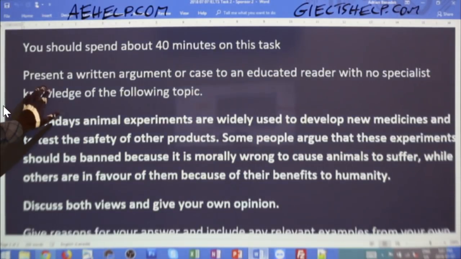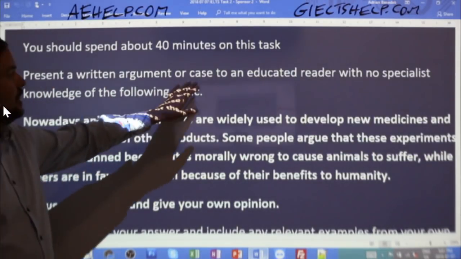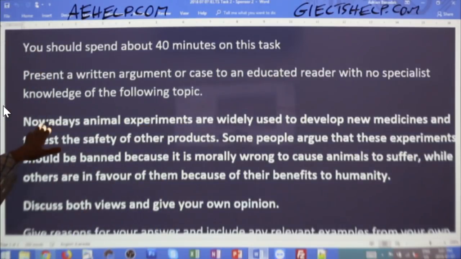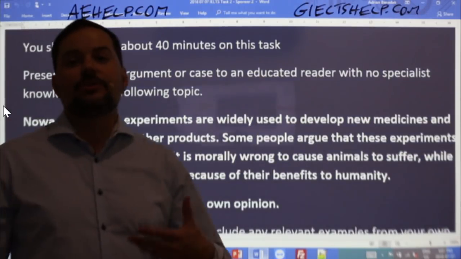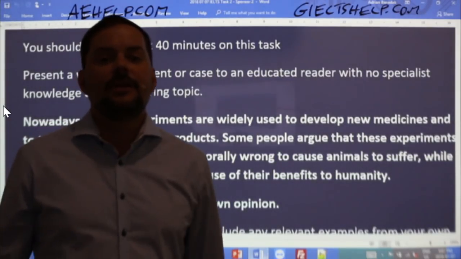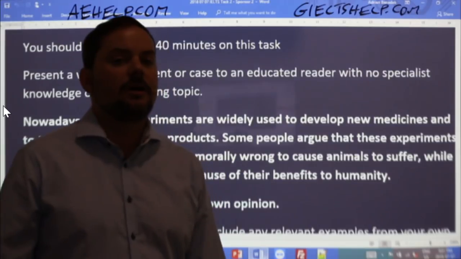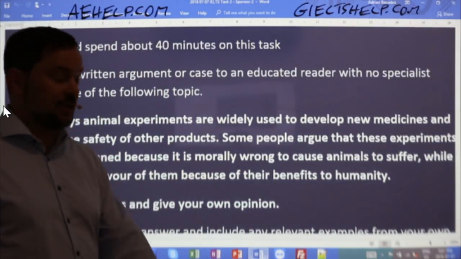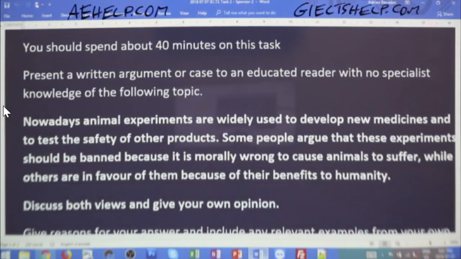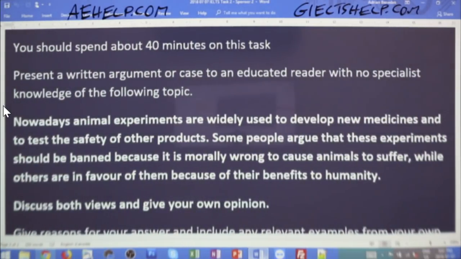Your goal, you have to present an argument or case to an educated reader with no specialist knowledge of the following topics. So the examiner, the reader, is smart. They will understand what you write as long as you write clearly, but they don't have specialty knowledge on the topic. So keep that in mind.